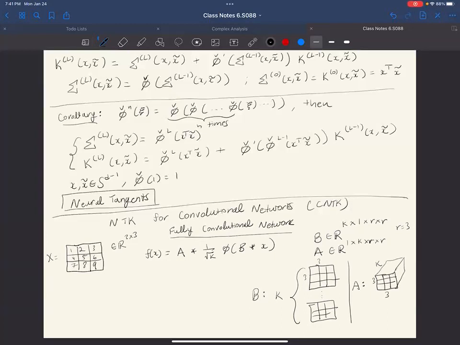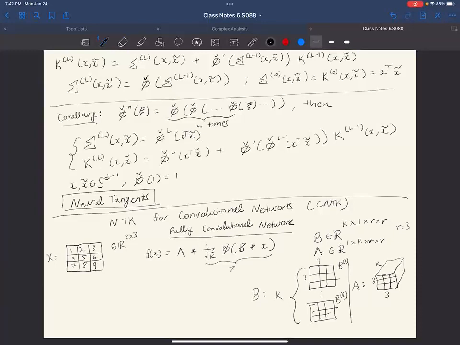Okay, and how do these filters actually work? What is the star operation? Well, I'll write it down mathematically first, at least operating on this input here. So I'm going to index these K different filters by B1 through BL. And if I'm just looking here at phi of B star X times this 1 over root K, I'll keep that in there.